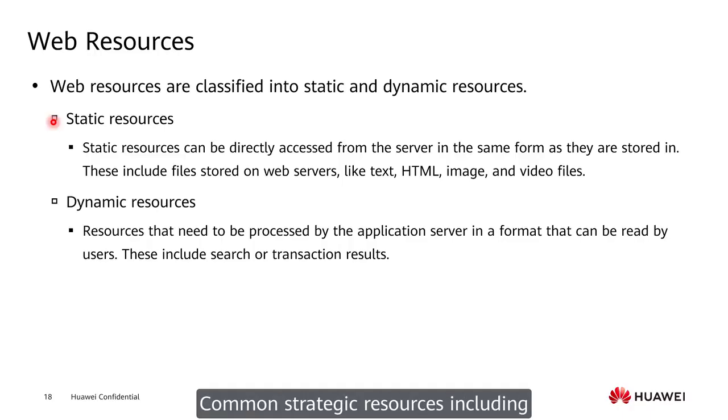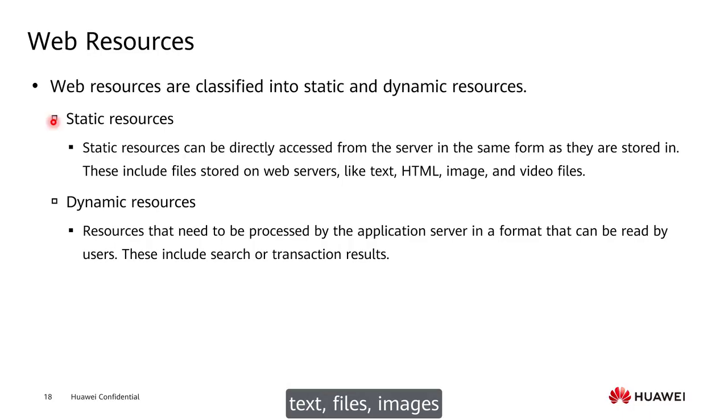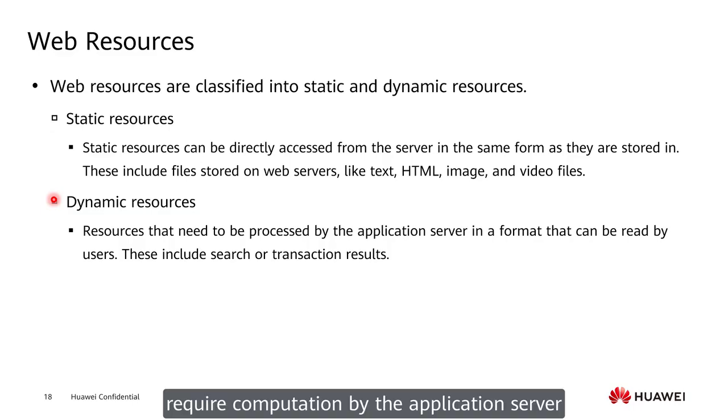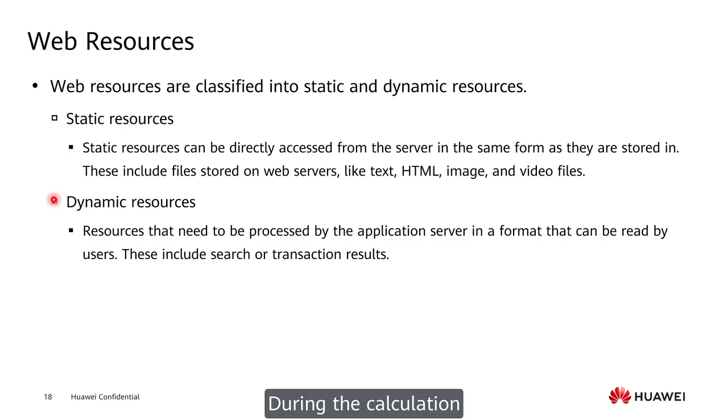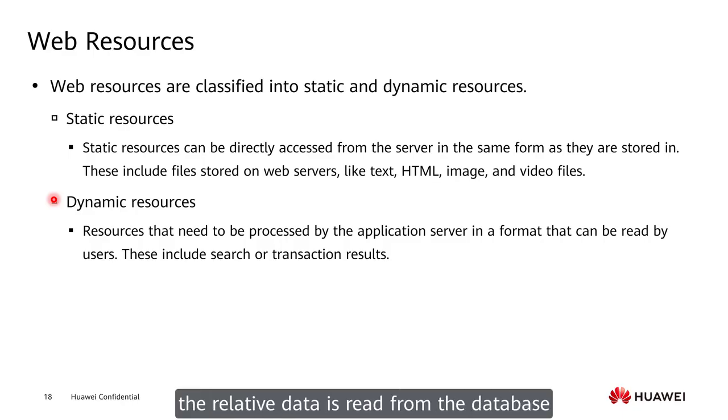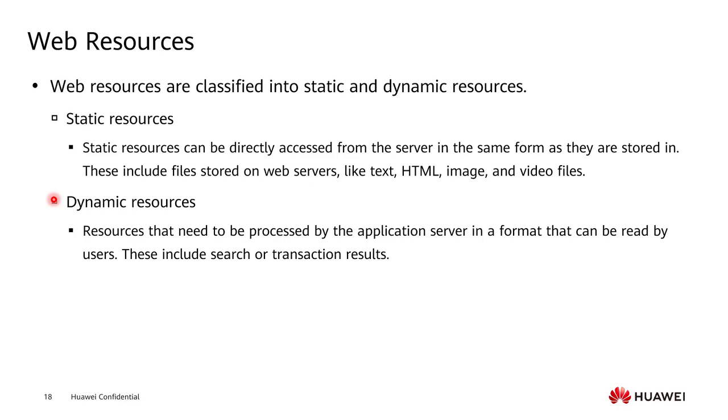Common static resources include text files, images, and video files. Dynamic resources require computation by the application server. During the calculation, the related data is read from the database, and then the final result is calculated.